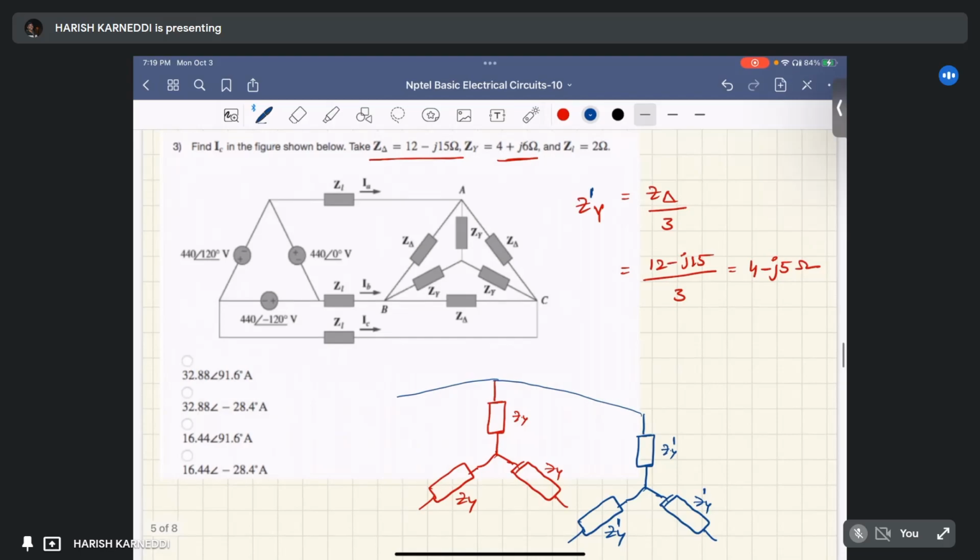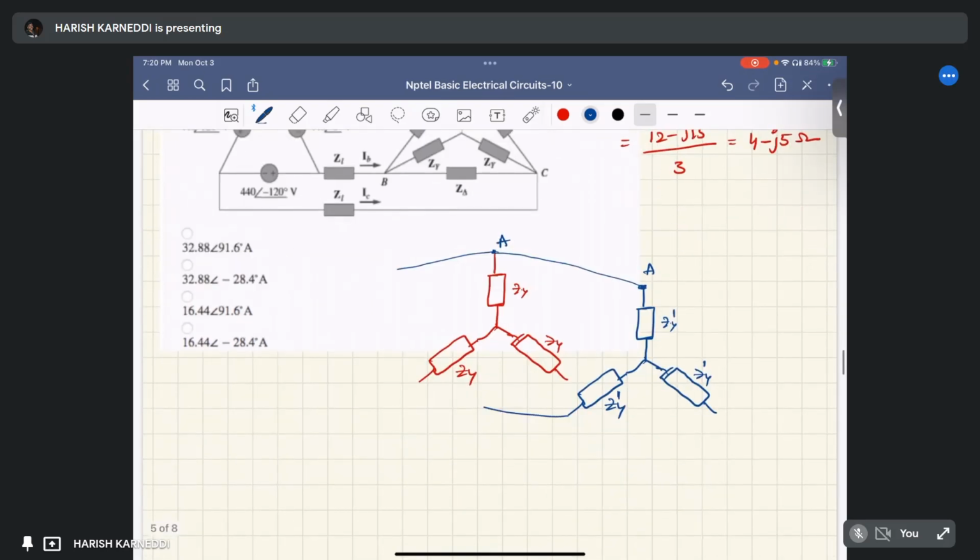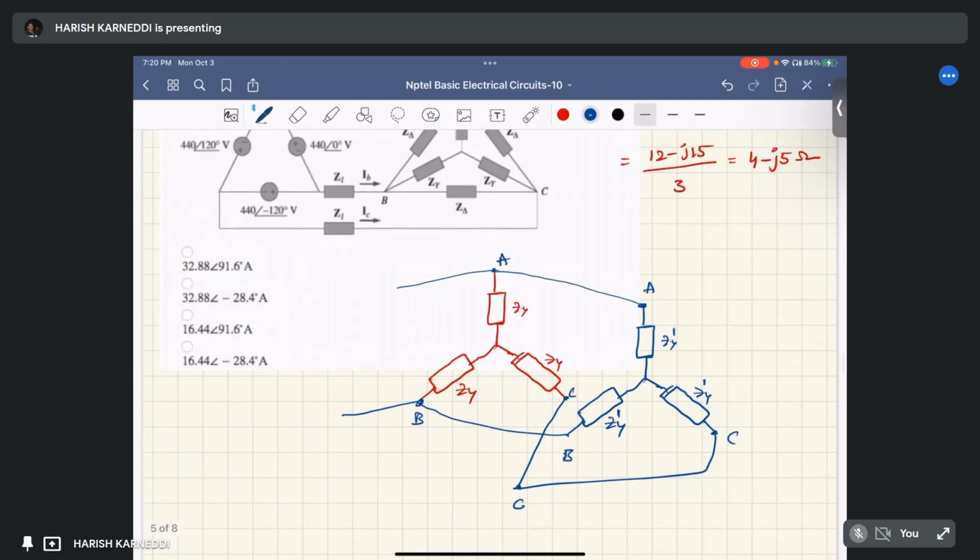Because this point, let us suppose A, this is also A, and this is also A. Similarly, this is B, and this is also B, and same as this is also C, and C point. It means all these impedances are connected in parallel.